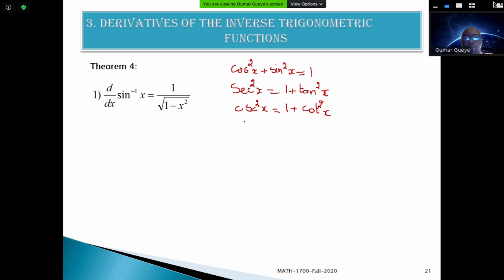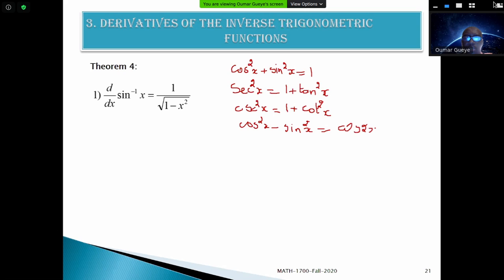And we also have cosine square of x minus sine square of x. This is equal to, remember, cosine of 2x.